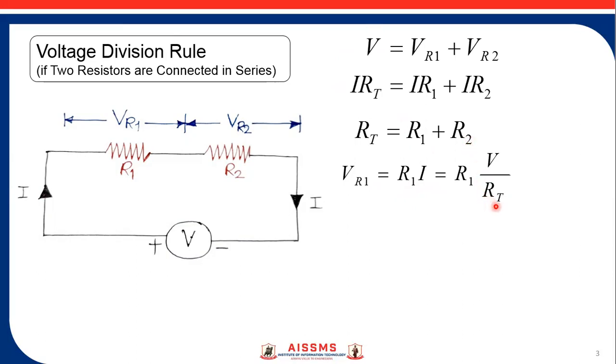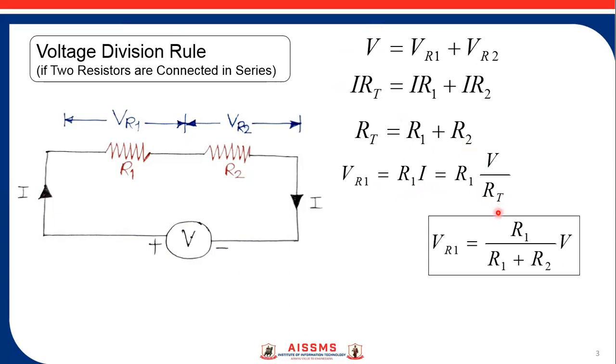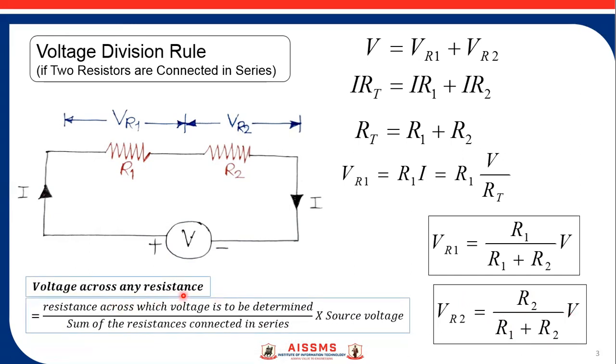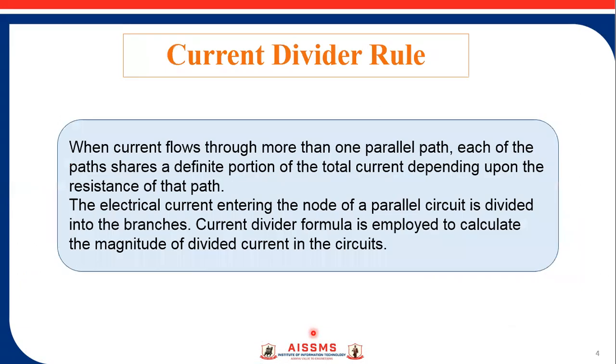So putting that value here, we finally get VR1 equal to R1 divided by R1 plus R2 into V. Similarly, voltage across resistor R2 is VR2 equal to R2 divided by R1 plus R2 into V. In short, the voltage across any resistor is equal to the resistance across which voltage is to be determined, divided by the sum of the resistances connected in series, into the source voltage.